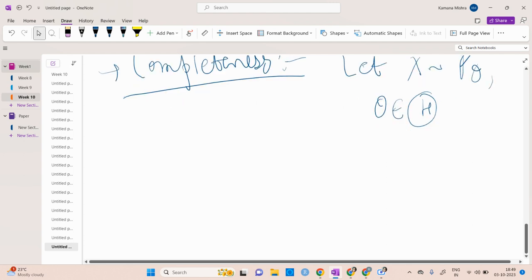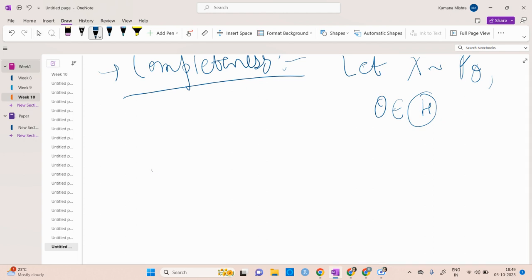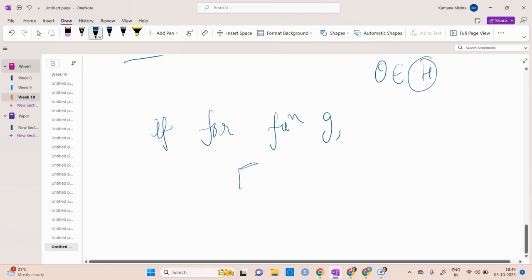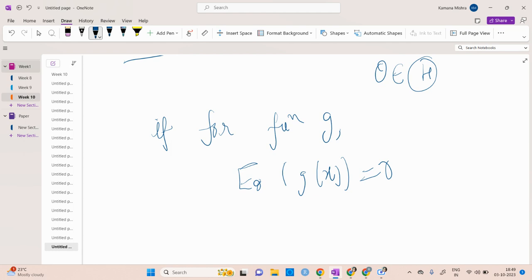Yes. So now we say this is complete if for any function g, E theta of g(X) is equal to 0.